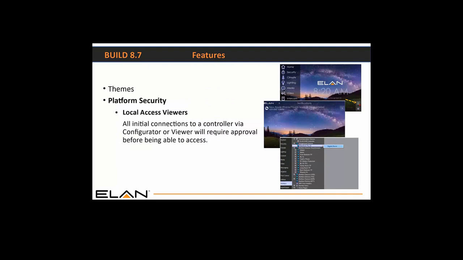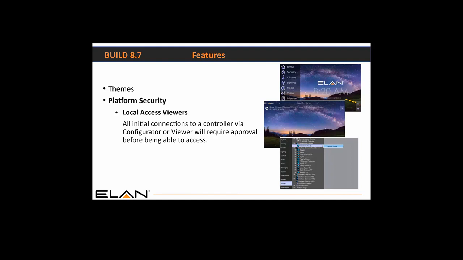Next is some update to platform security, right? So any local access viewer now requires authorization to be okay to connect. So you can't just go into a house, connect locally, and get on. You have to actually be okay to do that, or get approval to do that. And the approval can happen one of 2 ways.